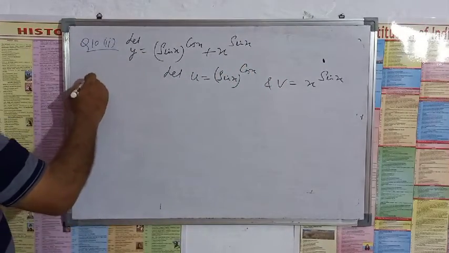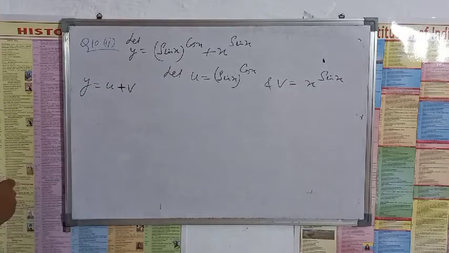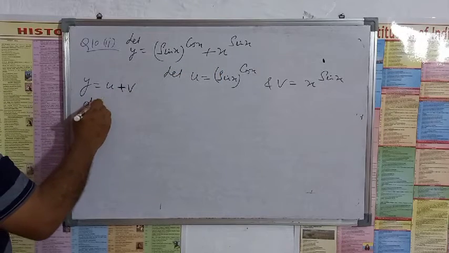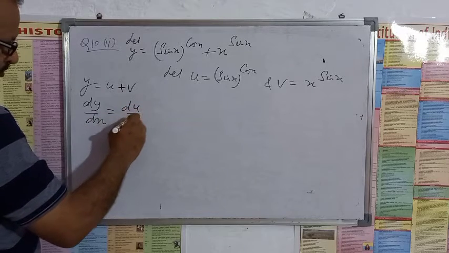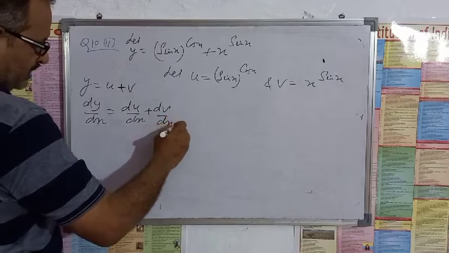So we can write here y is equal to u plus v. What will be the derivative? dy by dx is equal to du by dx plus dv by dx.